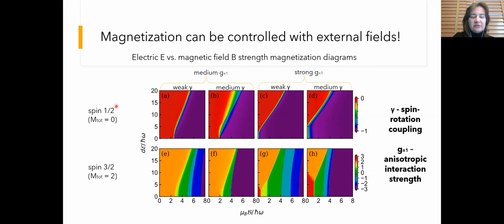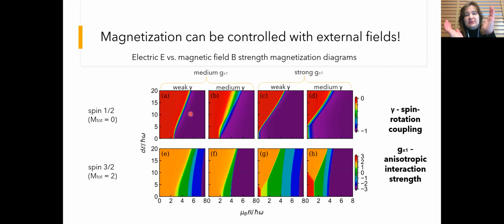So first of all, the upper row is spin 1/2 molecules, and the lower row is spin 3/2 molecules. The first obvious observation is that the number of accessible magnetizations depends on the electronic spin of the molecules, of course. But what is less trivial?